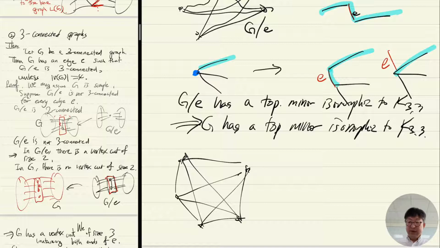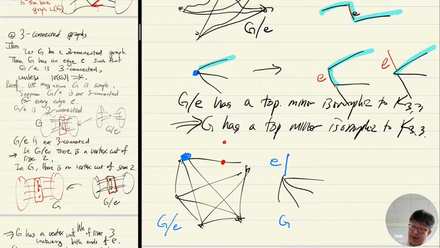If I have a K5, it's easy. By the same argument, if the contracted vertex is here, then it's easy, or here, it's easy. So the only place it may be non-trivial is this vertex. Now, there are maybe three cases. You might end up with, again, the same, but the edge that you contract is here.